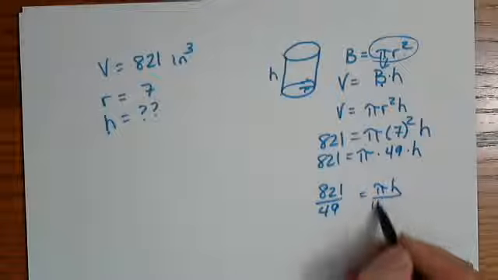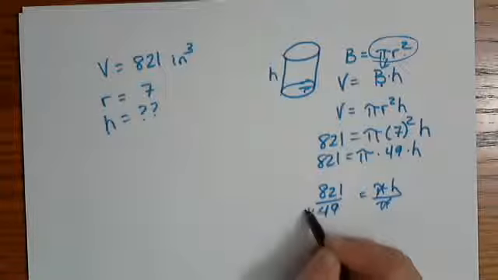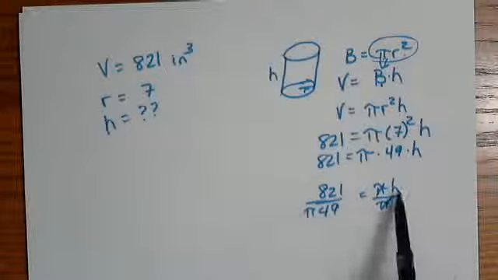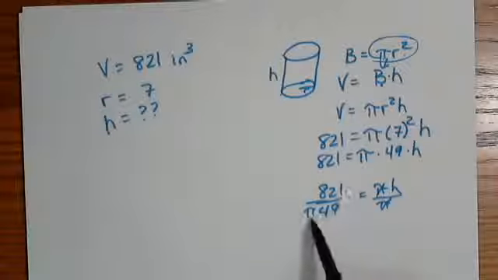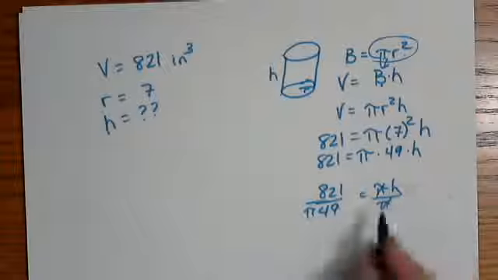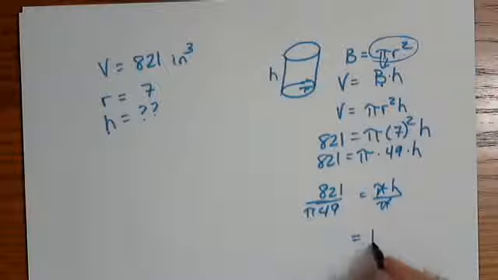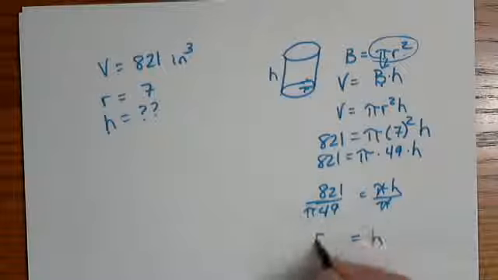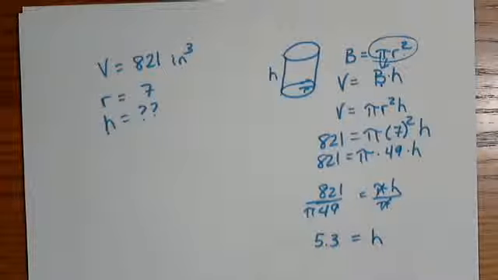I could also divide by pi on both sides, and I'll have h is 821 divided by pi times 49, or 49 pi. You put all of those numbers into your calculator, you should get h is equal to approximately 5.3.